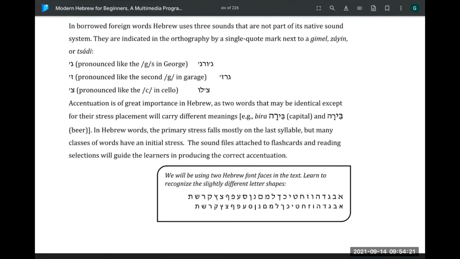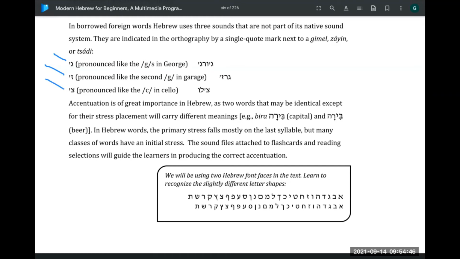In borrowed foreign words, Hebrew uses three sounds that are not part of its native sound system. They are indicated in the orthography by a single quote mark next to gimel, zayin, or tsadi. Okay, so for example, they've got this little mark here in front of the gimel, the zayin, and the tsadi. Okay, and they change slightly the sound.